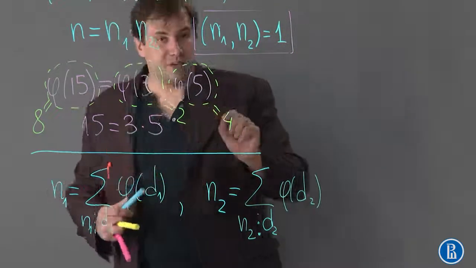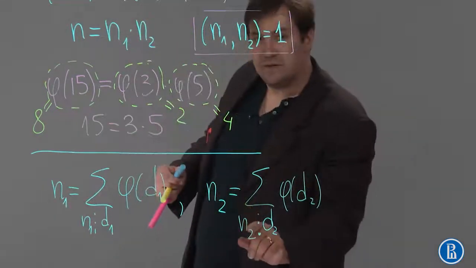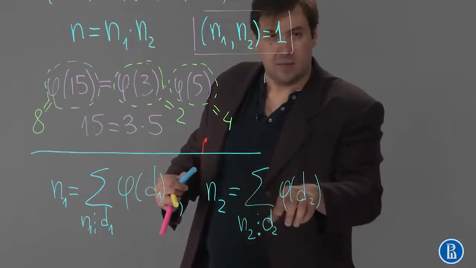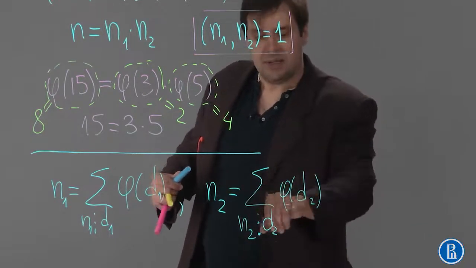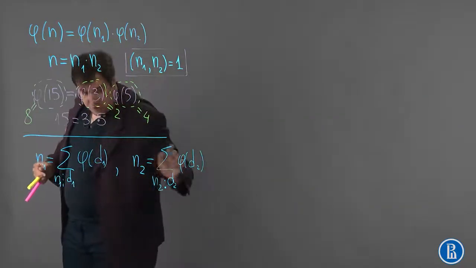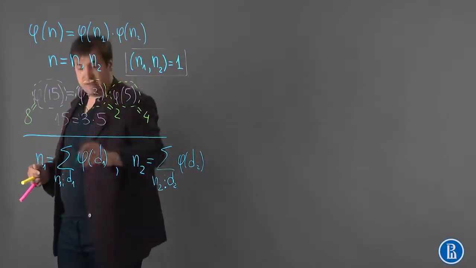Where may I remind you that n itself is also a divisor. So here in this sum, somewhere in there is phi of n also. And also this holds for n itself.